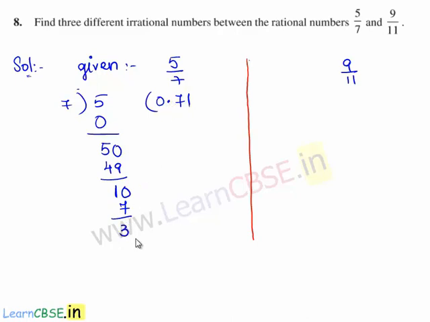Since we have the decimal point, 3 becomes 30. 7 goes in 30 4 times. 7 times 4 is 28. The remainder is 2. So because of the decimal point, 2 becomes 20. 7 goes in 20 2 times. So 7 times 2 is 14. The remainder is 6. So because of the decimal point, 6 becomes 60. So 7 goes in 60 8 times. So 7 times 8 is 56.